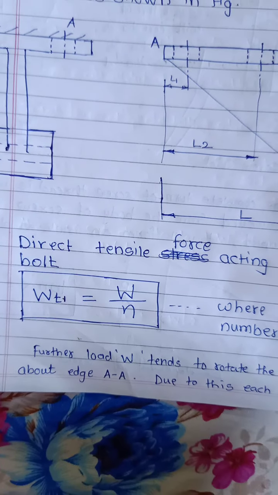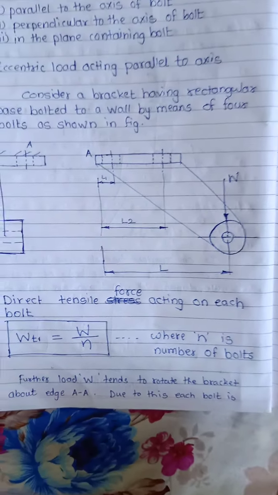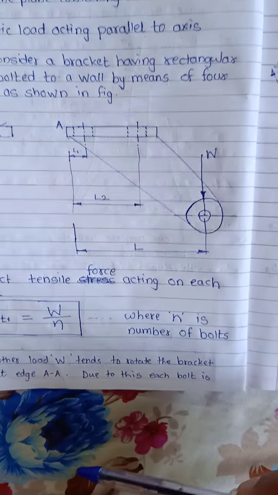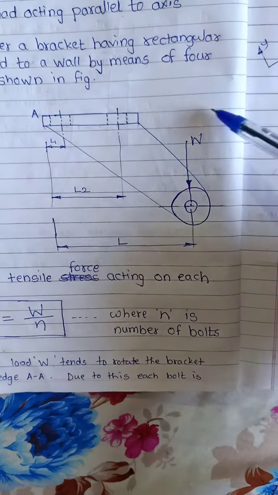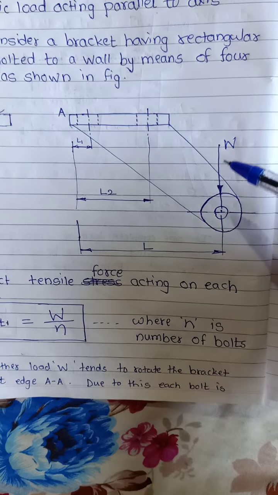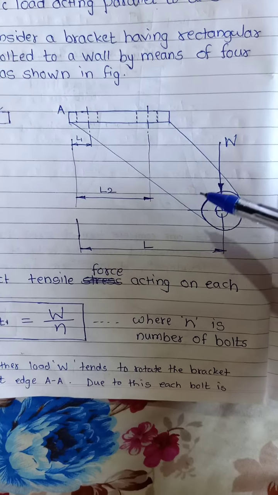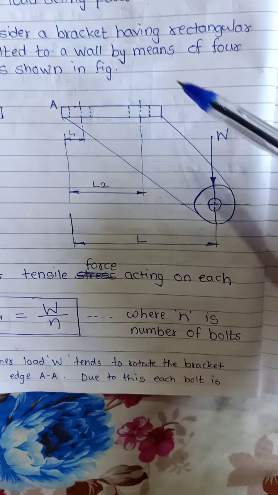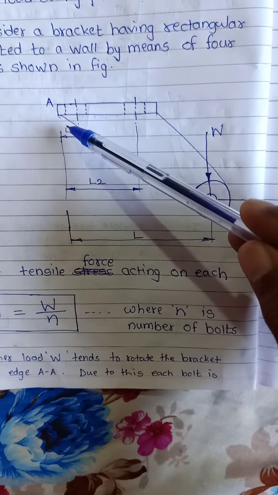After calculating the direct tensile force, we'll see what is the other effect of this load W. Since this is an eccentric load, there will be a moment of this force about this tilting edge.